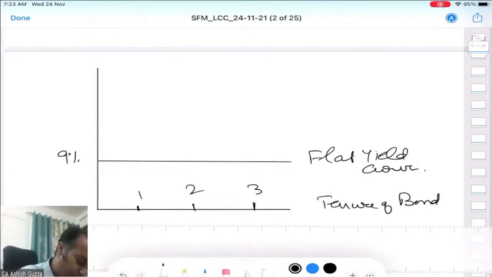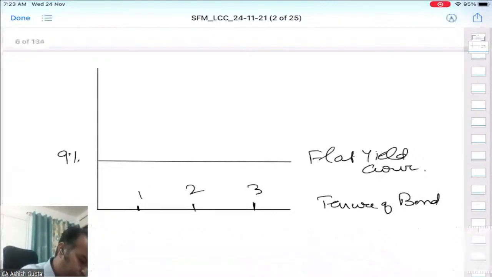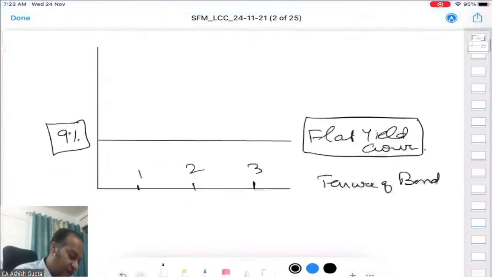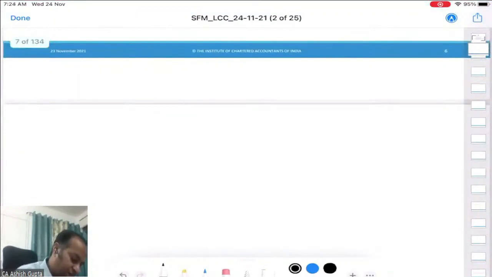Okay, in that case, what happens? So far as this tenure is concerned, whatever the tenure, our rate of interest for discounting the cash flow will be the same. So this is the flat yield curve. It is called a flat yield curve. Okay. There is another version.